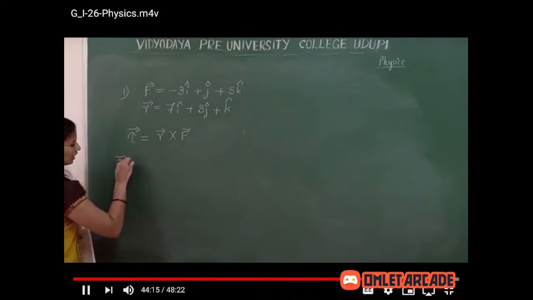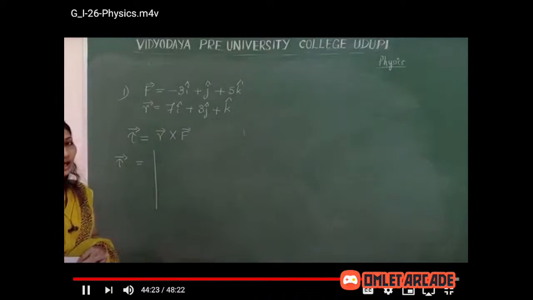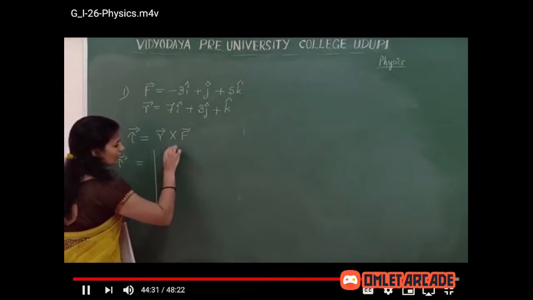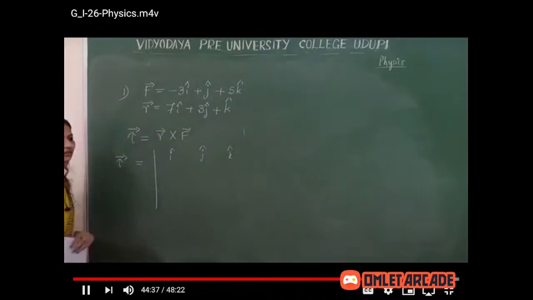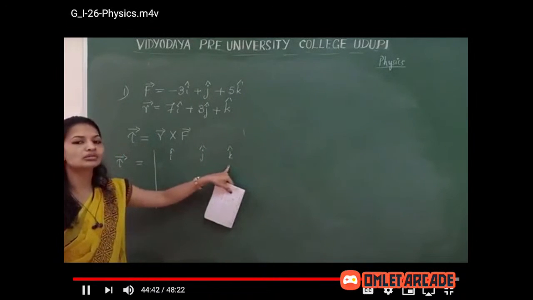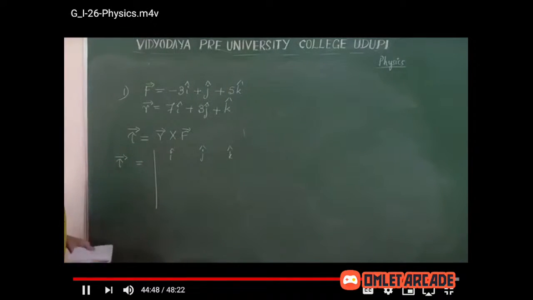Tau is equal to the determinant. We already studied how to find the cross product of any two vectors, isn't it? First, we write i, j, k. i is a unit vector along the x-axis, j along the y-axis, and k along the z-axis. Then write the r values first.